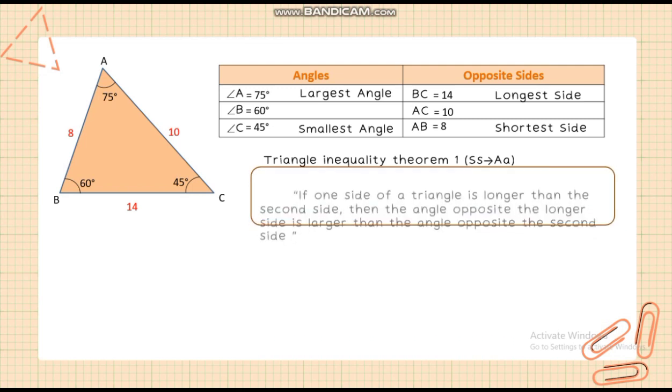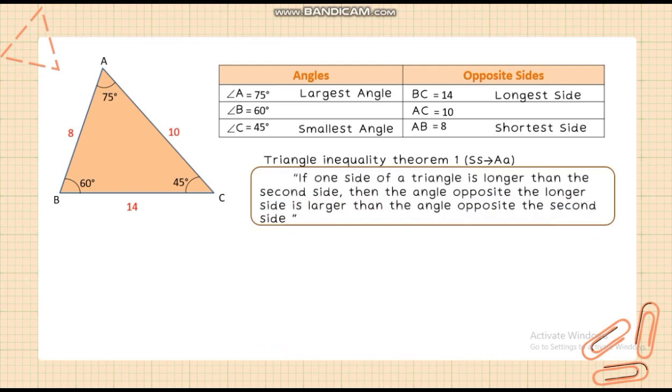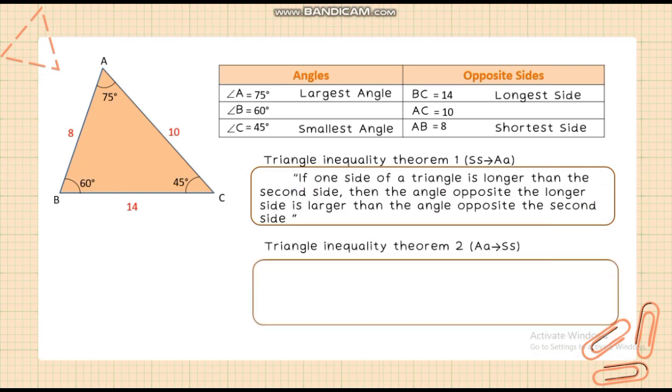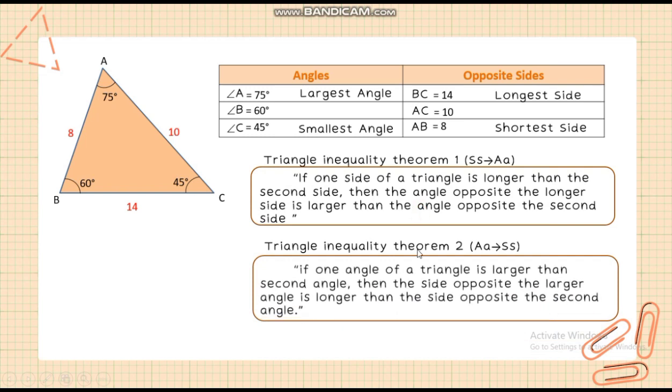It states that if one side of a triangle is longer than the second side, then the angle opposite the longer side is larger than the angle opposite the second side. The next theorem, which is the angle-side inequality theorem, states that if one angle of a triangle is larger than the second angle, then the side opposite the larger angle is longer than the side opposite the second angle.